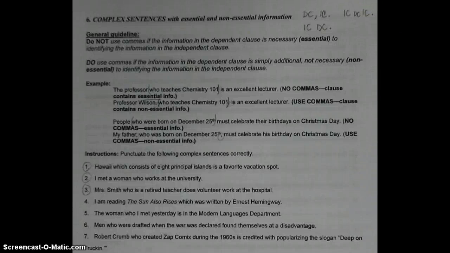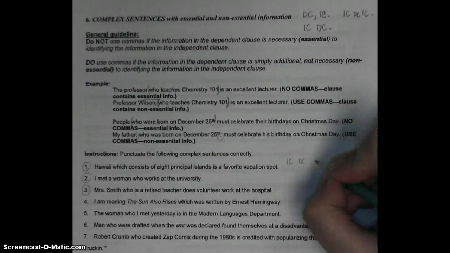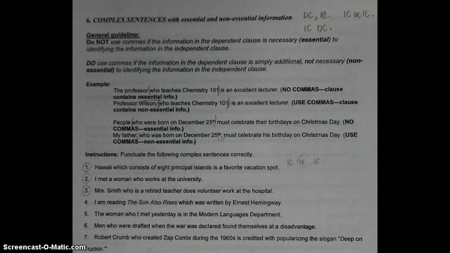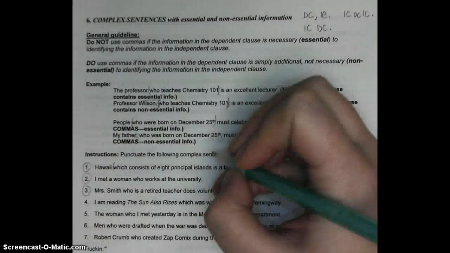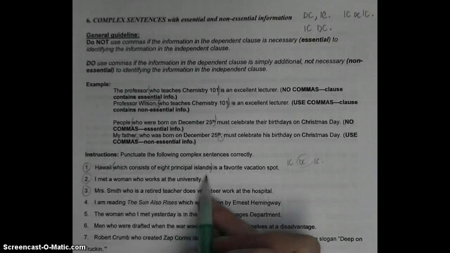Hawaii, which consists of 8 principal islands, is a favorite vacation spot. So first thing I'm going to do is identify my dependent clause and my independent clause. In this case, I've got independent clause, dependent clause, independent clause. My dependent clause is interrupting. It is this, which consists of 8 principal islands.